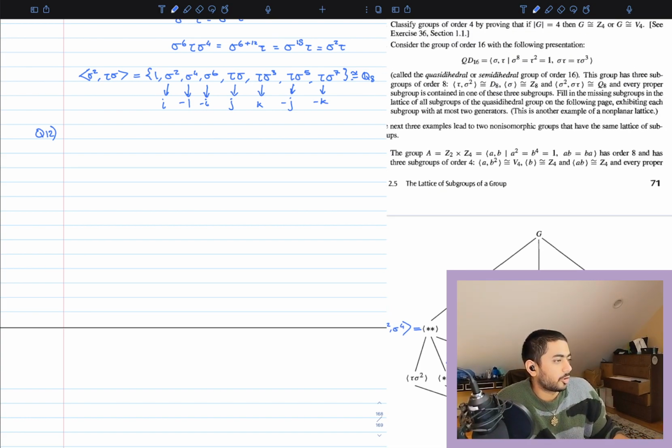So, okay, let's draw A up top. Actually, let me first write out what A really even is so that we know what we're working with. So A is generated by 2 elements called A and B, where A has order 2, B has order 4, and there's this kind of anti-commutativity relation between them. Oh no, A and B commute, right?